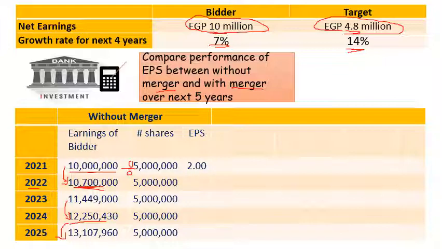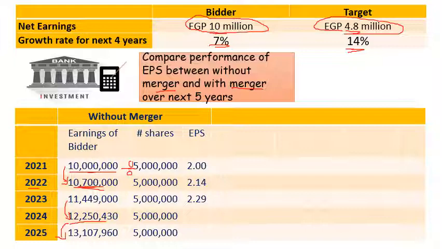So earnings per share at the end of the current year will be 2 Egyptian pounds per share. After 2 years, it's expected to increase to 2.14 Egyptian pounds per share.